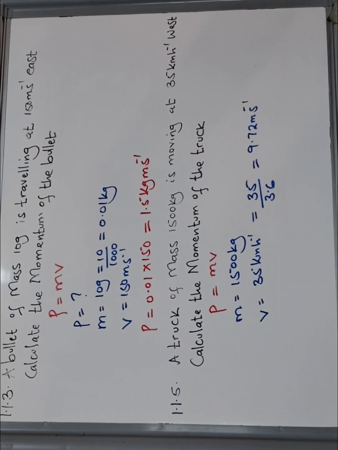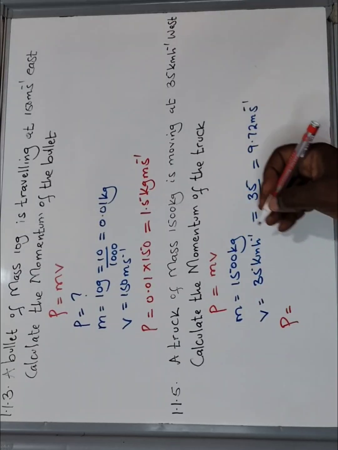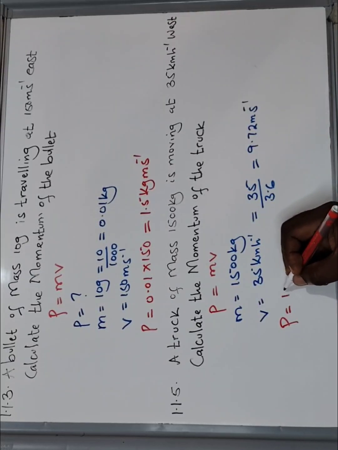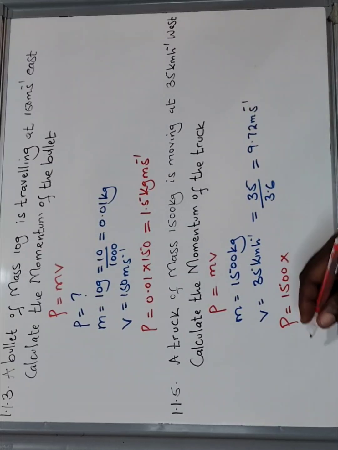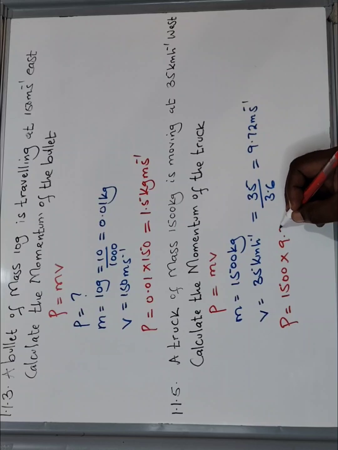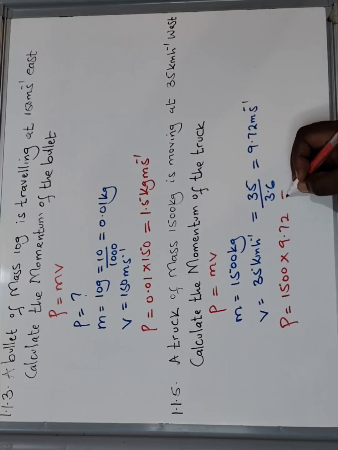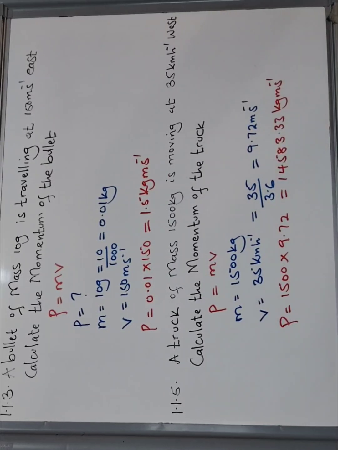From there, what do we do? We substitute and we say momentum is equal to the mass, which is 1,500, times the velocity, which is 9.72. What you get there will be the momentum of the truck. So this is what we get.